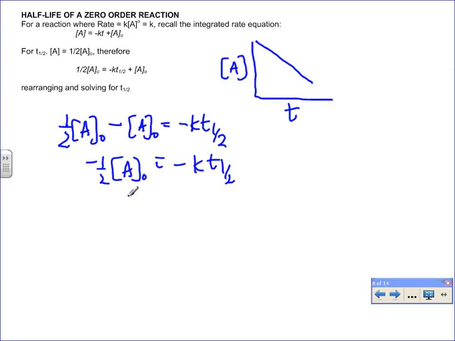So what I have is T half is equal to A naught over 2k. So if you know you've got a zero order reaction, you know that the half-life is equal to the initial concentration divided by 2k. So in this case, the half-life depends on the initial concentration.